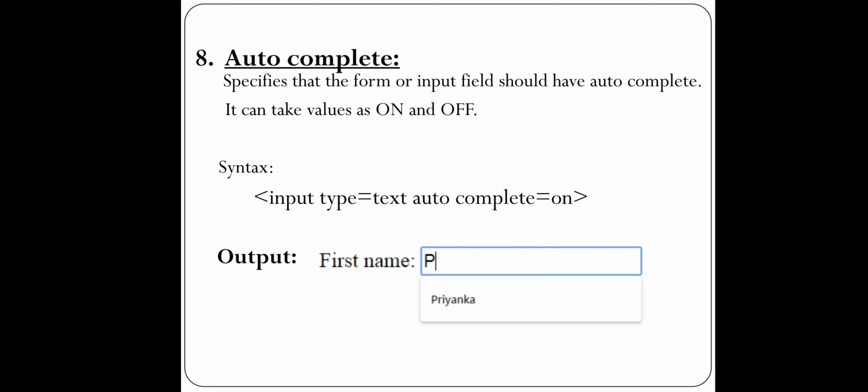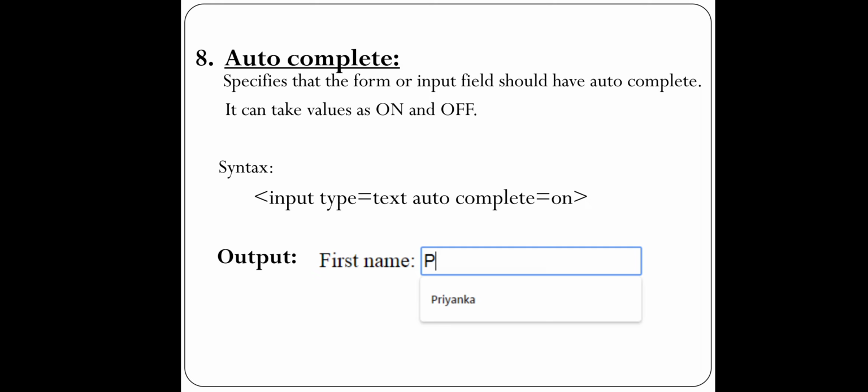Now again, the second time when you are trying to log in, you can see that your username automatically comes. When you simply click into the box, you will see the email ID in the box. In the example output below, you can see in the first name, if in the text box I have clicked and typed P, below you can see it is telling me that Priyanka is there. So this is how autocomplete works, means the data is automatically filled in the form.